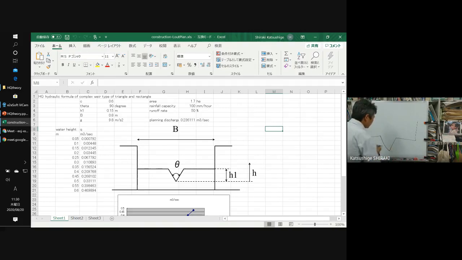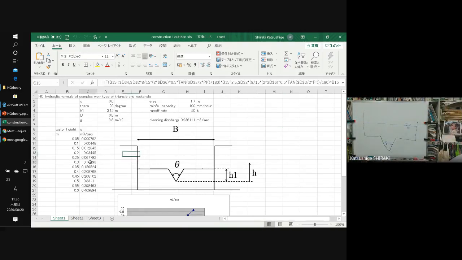If the water height is here, this is just like the triangle here. But if the water height is here, then it is a multiple shape weir. But in this Excel worksheet, we can calculate like this.